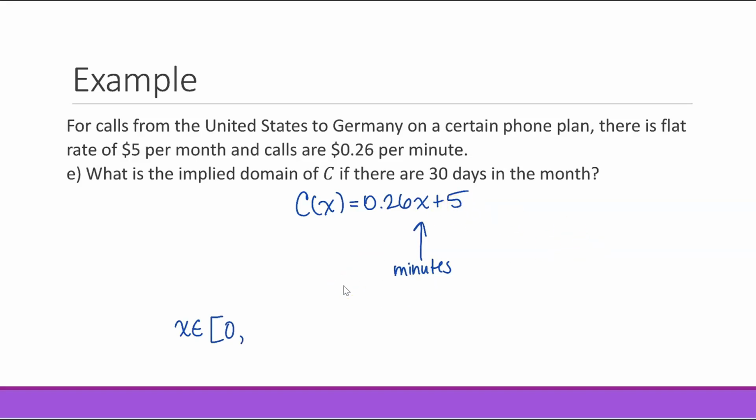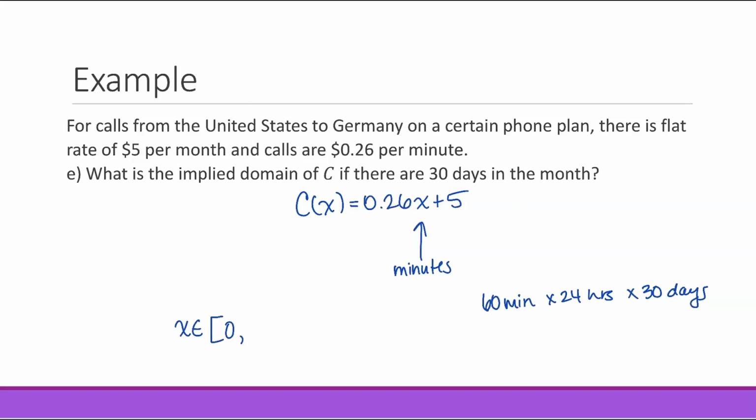And then I want to think about, okay, well, what's the most amount of minutes I can talk in a month? Well, there is a most amount of minutes, if I were on the phone every single minute of every hour of every day in the month. So in other words, if I were on the phone for every minute of every hour times 24 hours times 30 days in the month.